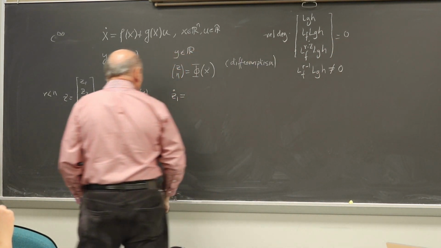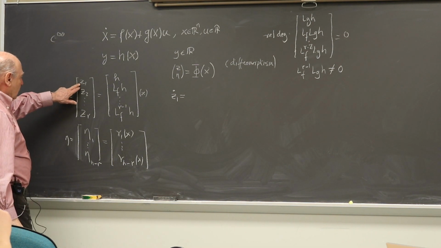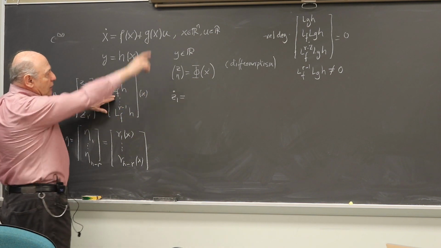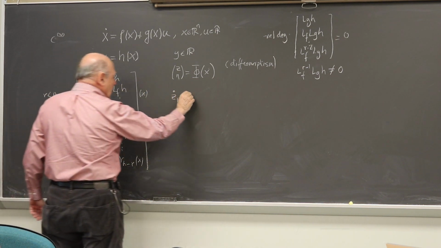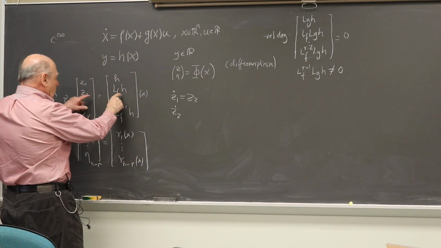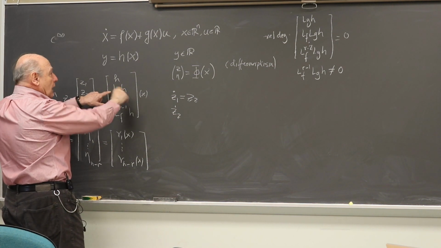that condition. So if we derive with respect to time c1, we will have only Lf of h because Lg of h is 0. So c1 dot will be c2. And the same, c2 dot will be Lf square plus LgLf.